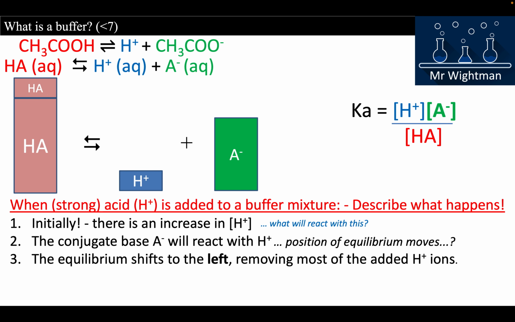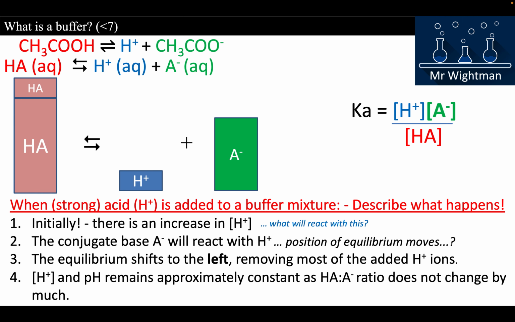And so we would argue that the position of equilibrium moved left to produce more HA, thus decreasing the amount of H+. A- decreased by a small amount as well, but because there's so much of it, it's not really going to make much of a difference because it is virtually constant. It's got a large reservoir of the A-. So the H+ and pH remain approximately constant, and you can argue that the HA to A- ratio does not change by much.